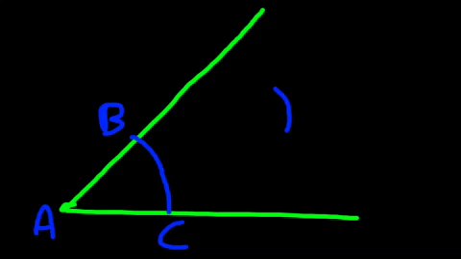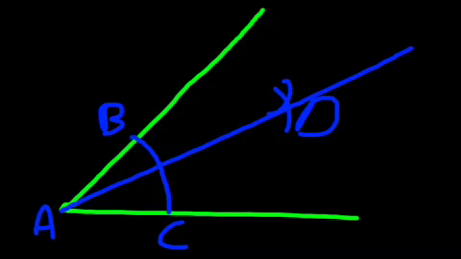You can make a big one if you like, but just make small, and do the same with C. Yep. And you should get something that looks like that. And then you just put your ruler at A and at D, and connect these up like that. And these angles should be equal.